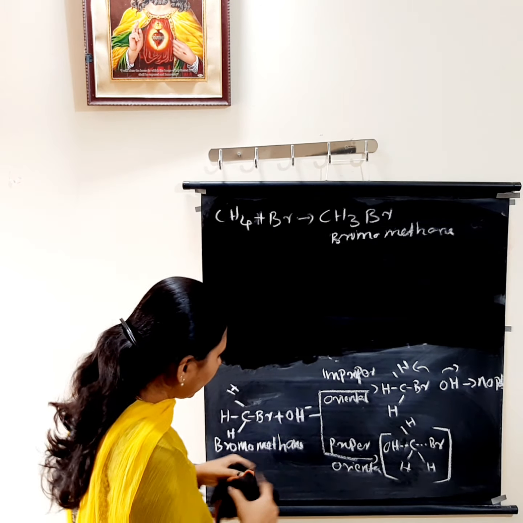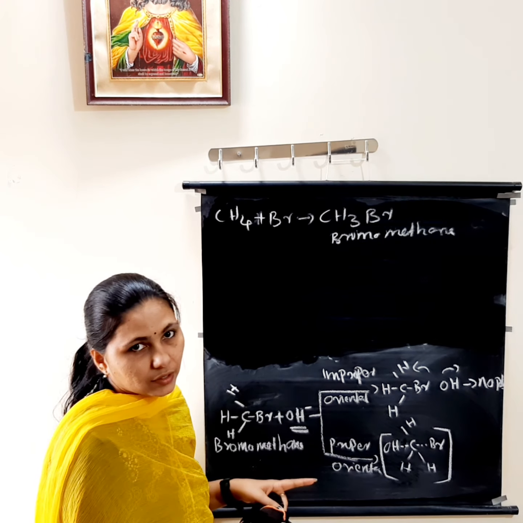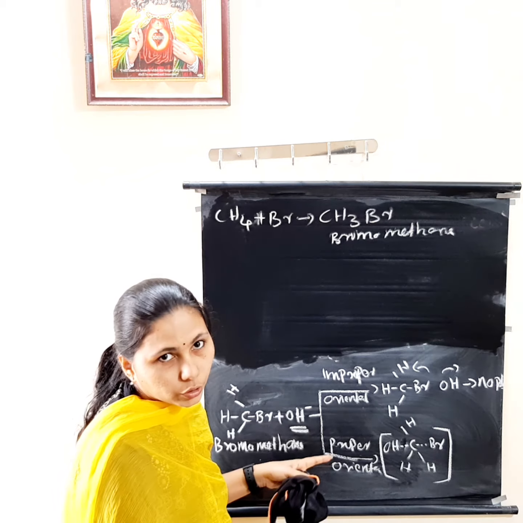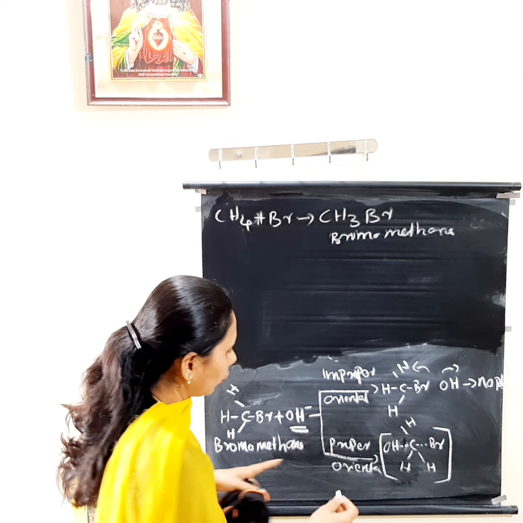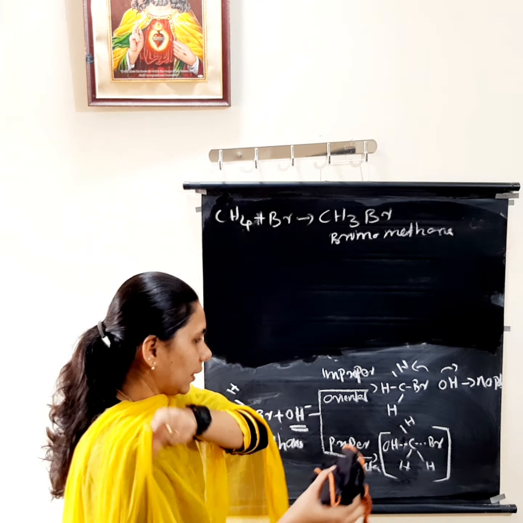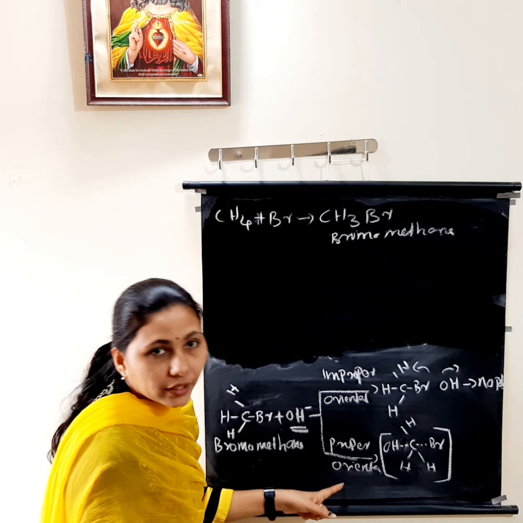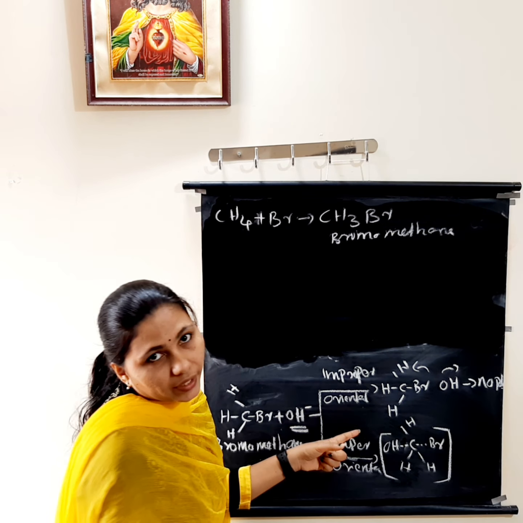So the example given is bromomethane reacting with OH minus. OH minus means the hydroxyl group, or alcoholic functional group. This reaction may happen in two ways: with the proper orientation of the reactant molecules, and with improper orientation.